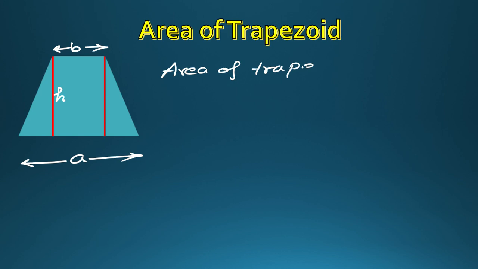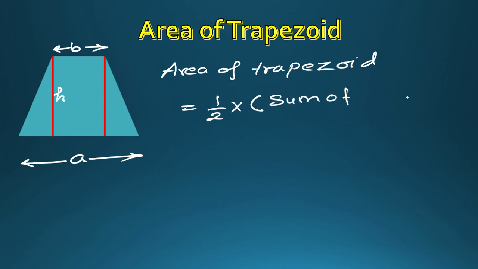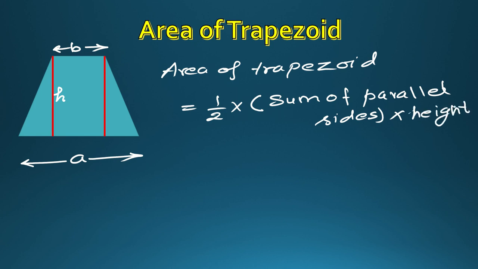Area of trapezoid is equal to half times sum of the parallel sides times height. This is the formula for area of trapezoid.